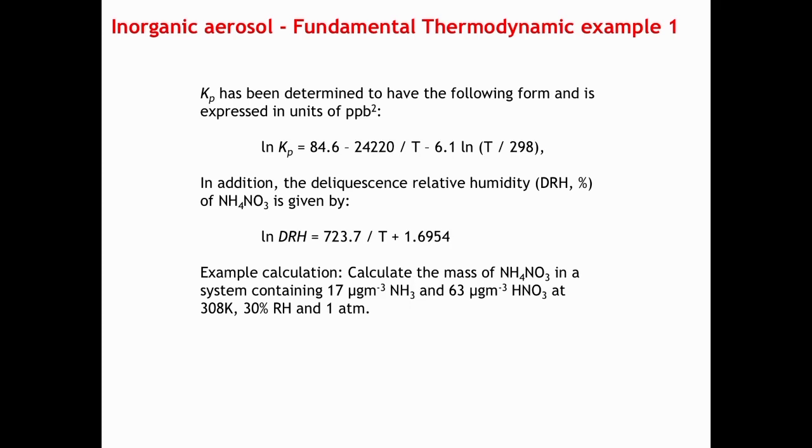17. Okay, so if you've got 17 microgram per cubic metre and it's got a molar mass of 17, then it's 1 micromole per cubic metre. Okay? How many moles of nitric acid do you have?